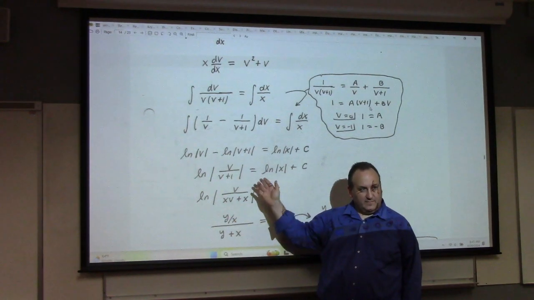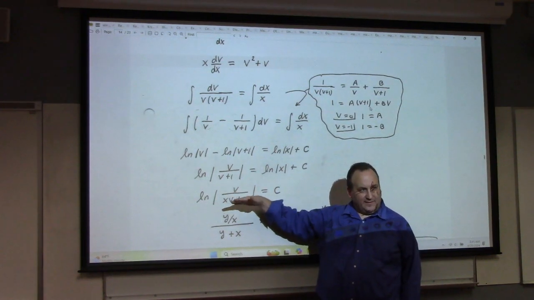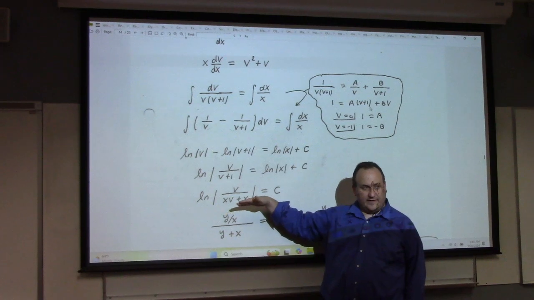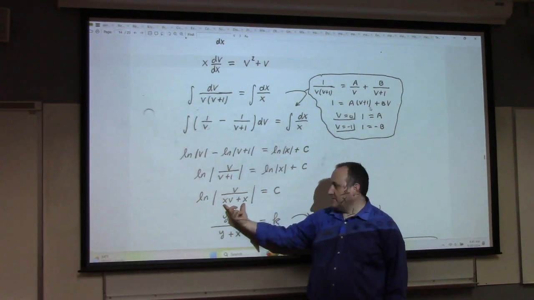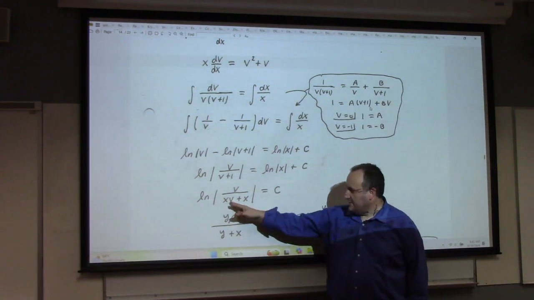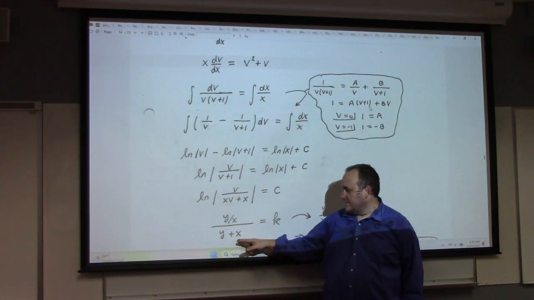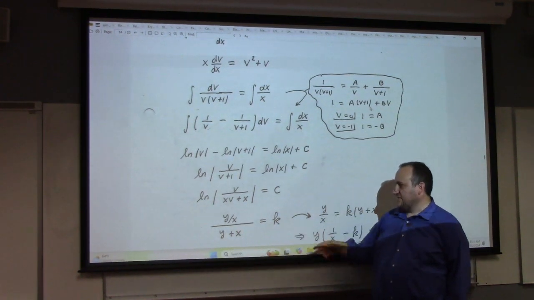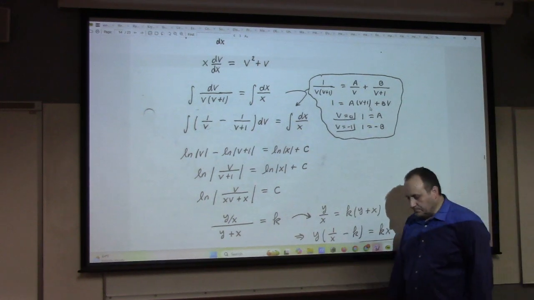Stuff minus natural log of stuff is stuff divided by stuff inside the log. So bringing this to the other side divides by x, but x times v is y. That's kind of nice, because I get y over x divided by y plus x equal to that constant after I exponentiate the equation, which gives me this solution.